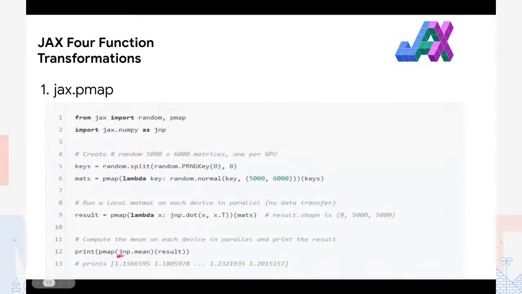This pmap allows me to calculate the mean for all the 8 devices that we have at the same time. And this is the key thing about the parallelized function or option for this pmap. Here we're trying to calculate the pmap for 8 devices at the same time.